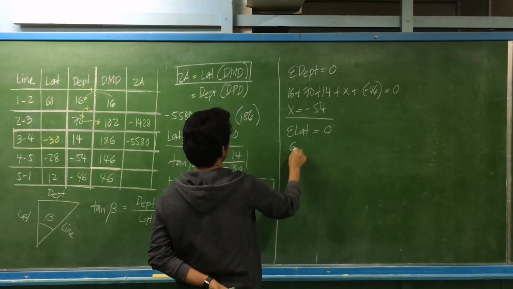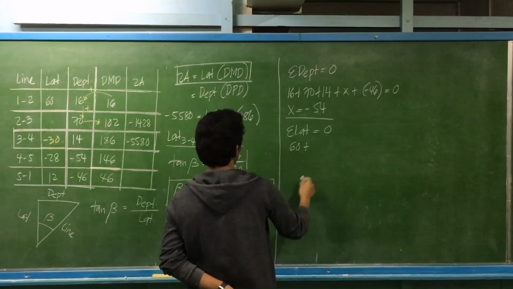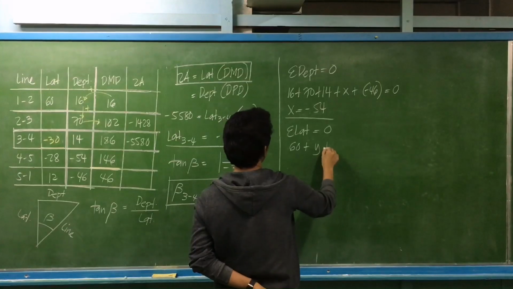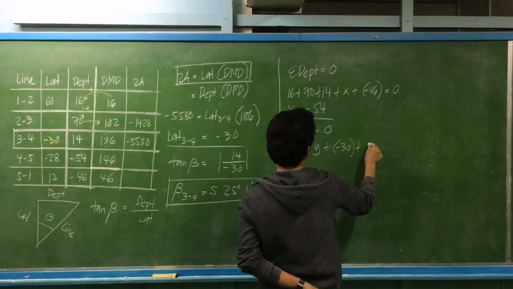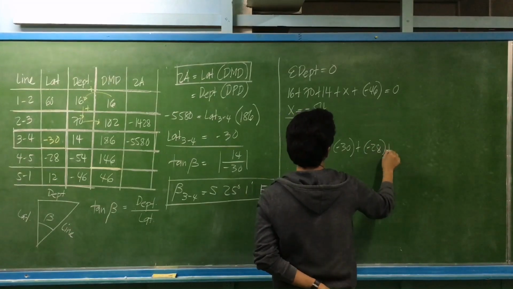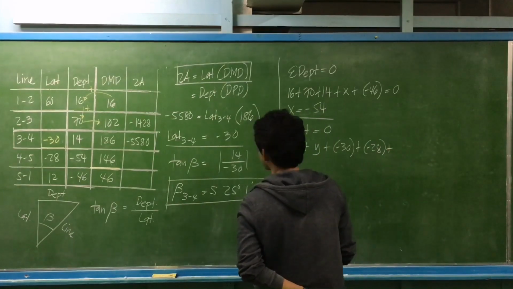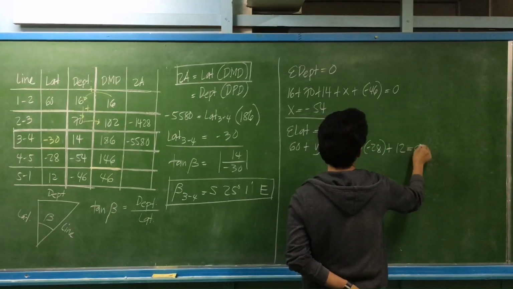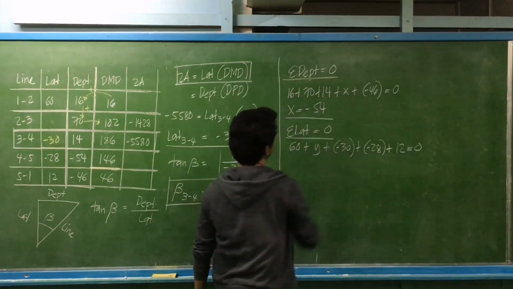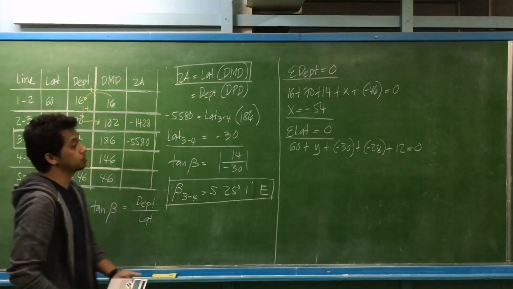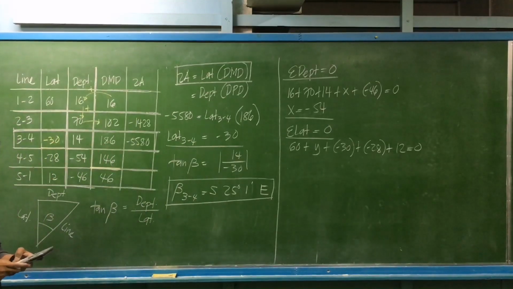So, it is 60 plus y, plus negative 30, plus negative 28, plus 12 should be equal to 0. To be called a closed traverse, don't forget, the summation of departure and the summation of latitude should be equal to 0.